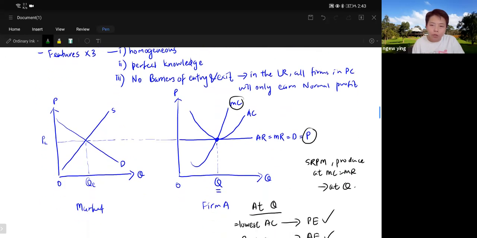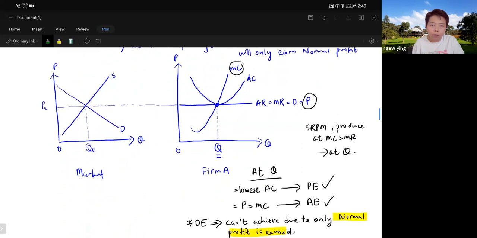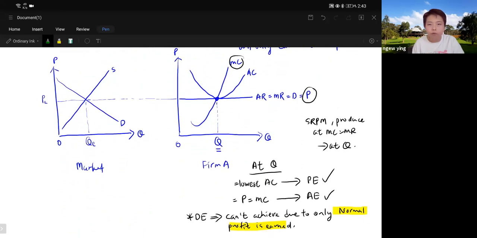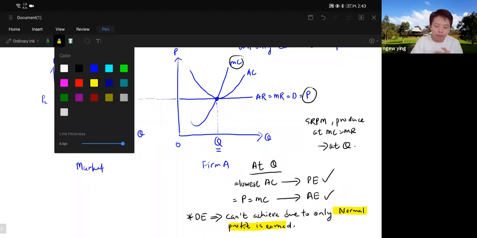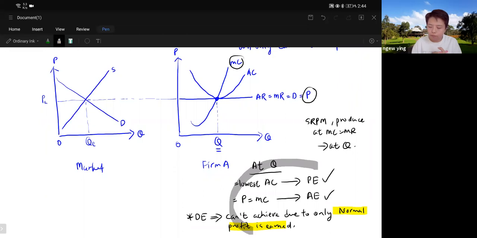And then based on the perfect competition firm's diagram, we check when a perfect competition firm is producing a profit maximizing level of output, which means at Q, whether they manage to achieve AE, PE, and DE or not. So this is the part of checking that I showed.